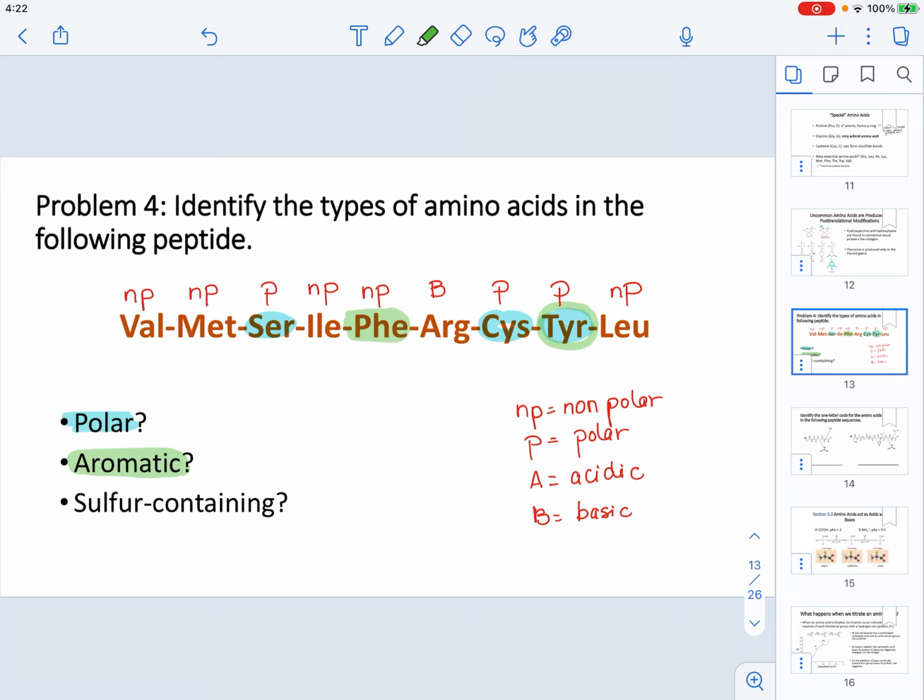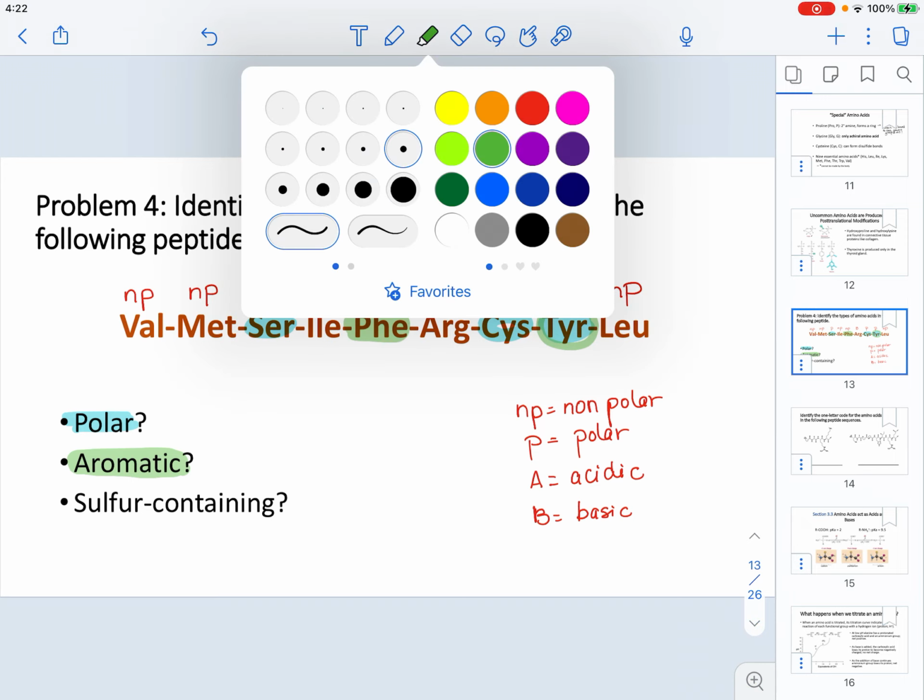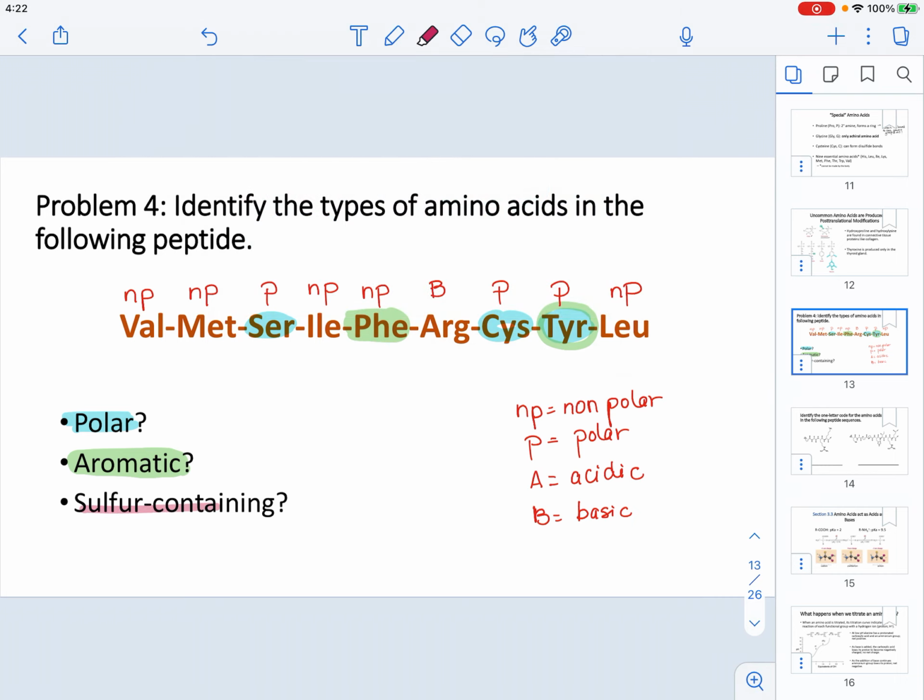Then, out of the sulfur containing, and I'm just going to use pink for my sulfur containing, there's pretty much 2 amino acids that contain sulfur. One is methionine because it has the thioether.